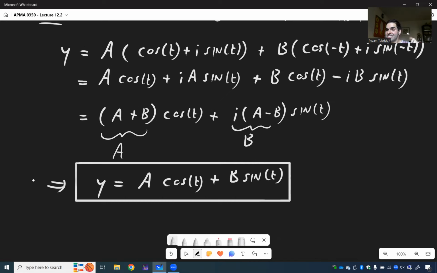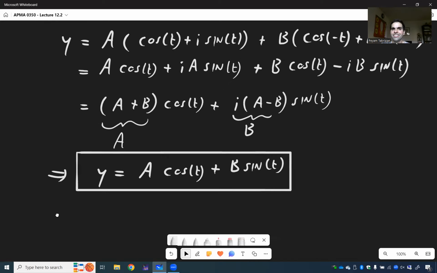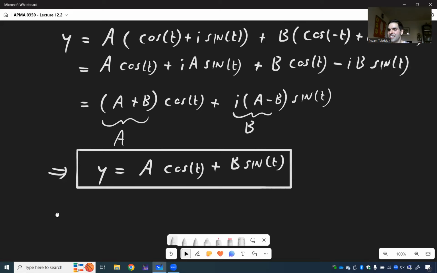Little caveat that you may have noticed. I love the word caveat. It sounds like caviar. The only issue, a small issue, is that here B is really i times A minus B, and A and B are a priori complex.